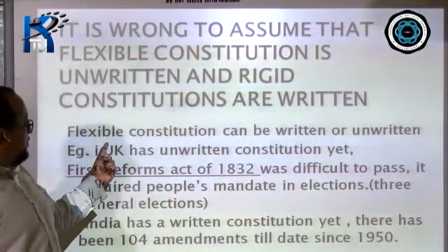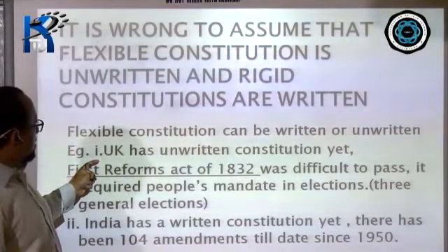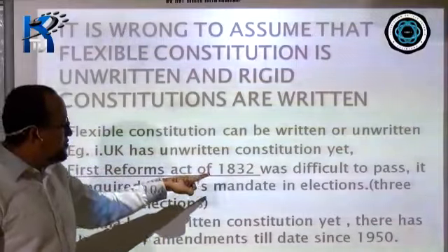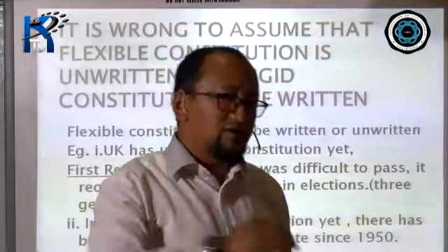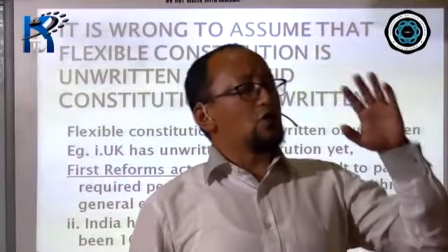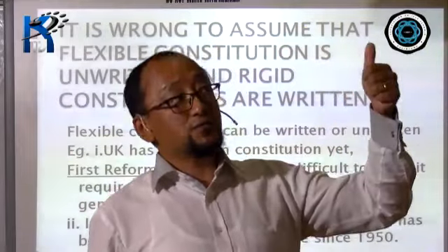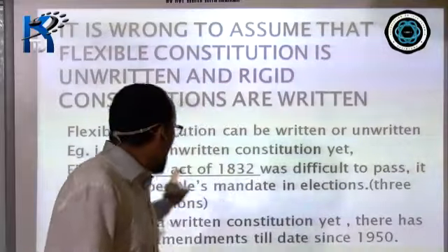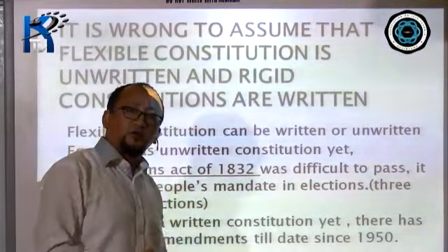Of course, flexible constitutions are easy to amend, but something to look into here. Even though flexible constitutions can be written or unwritten, as in the UK, an unwritten constitution, yet the first Reforms Act of 1832 was difficult to pass. We have learned that in the UK the constitution is flexible as well as unwritten. That's all right. But again, this first Reforms Act was very, very difficult to pass.